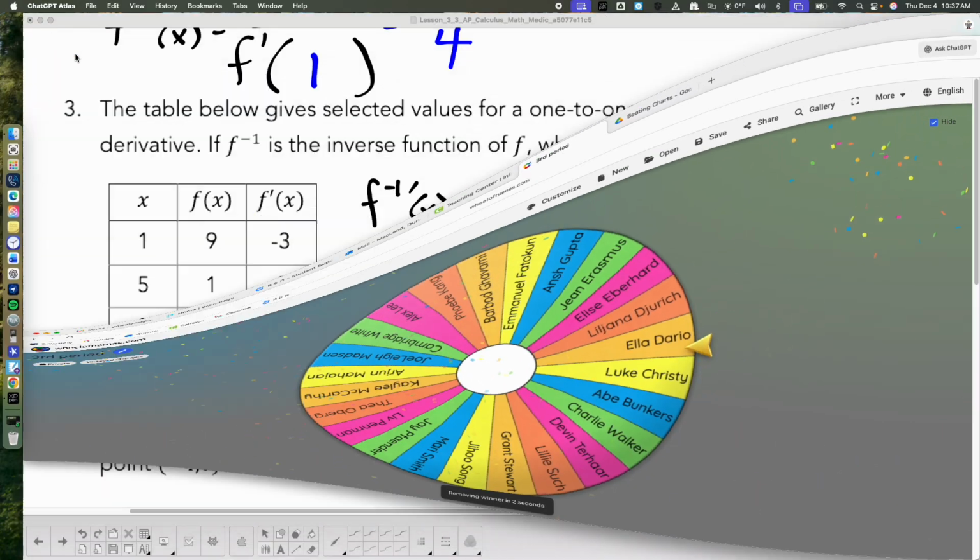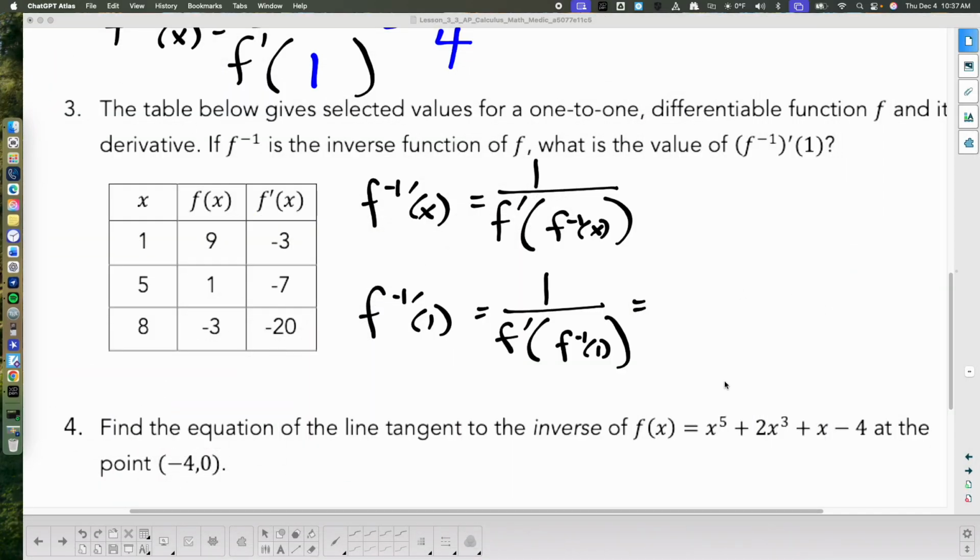Okay, so first thing we should find, f inverse of 1. How do we find that from the table? Because the table doesn't give us inverse answers, it only gives us prime answers. Good. So you're trying to find when it's equal to 1, which would be right there.